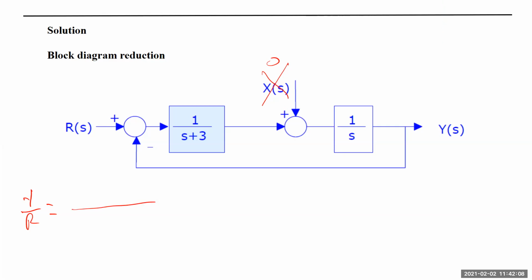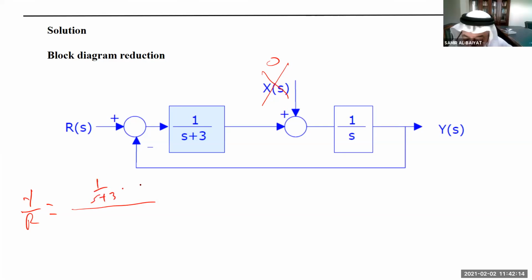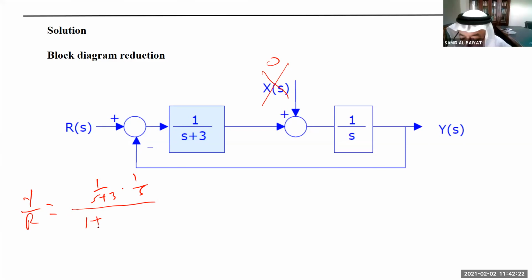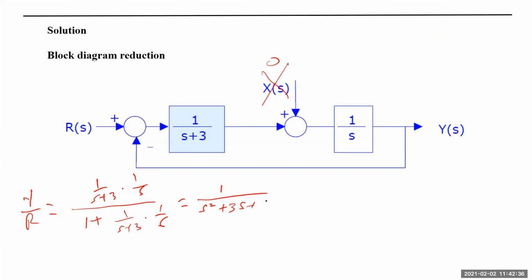It's 1 over s multiplied by 1 over s plus 3, that is the direct path, and then you divide by 1 plus unity feedback, 1 plus 1 over s plus 3 times 1 over s, which simplifies to 1 over s squared plus 3s plus 1.